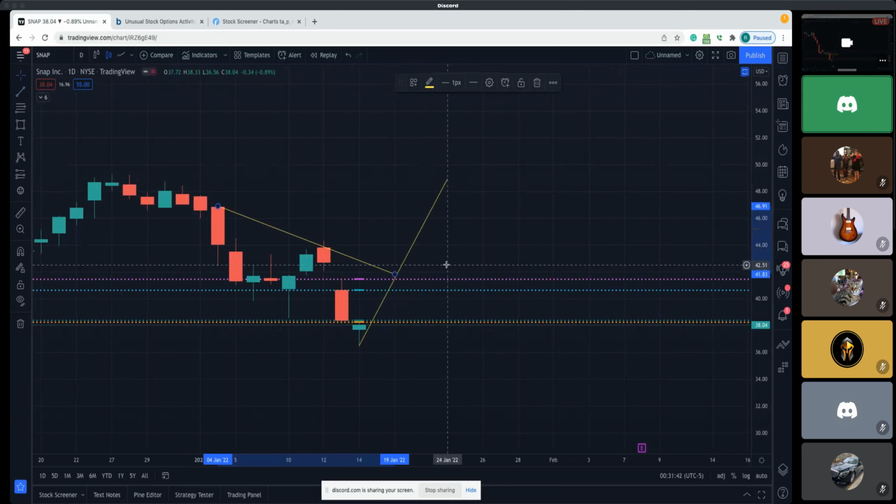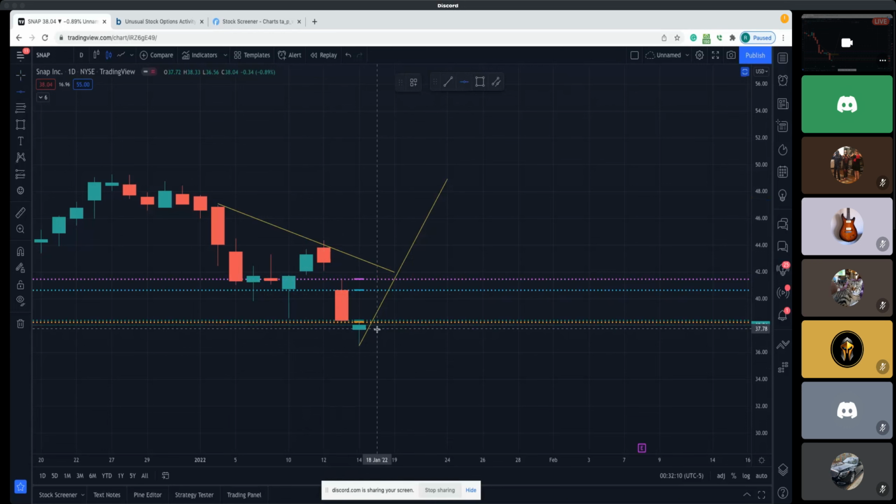So this is Snap, right here. There's so many gaps. There's one big gap right here. Yeah, tech had just got smacked. So put trigger here.